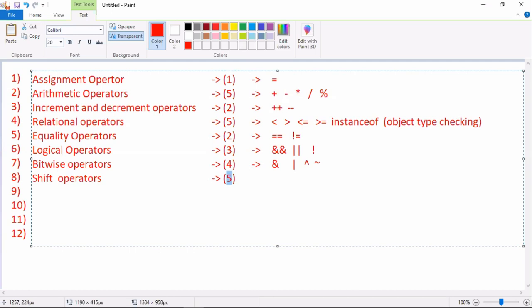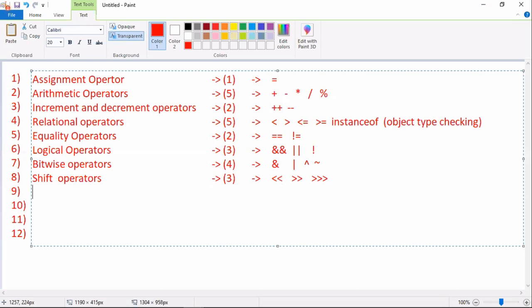What are the three? Left shift, right shift, double right shift. Totally three operators are there. There is no double left shift.